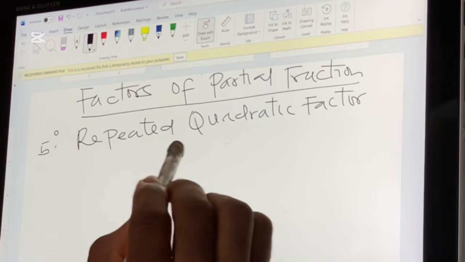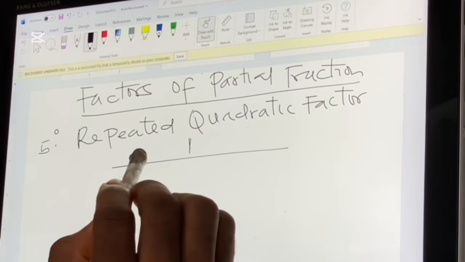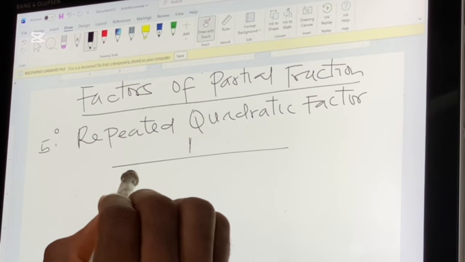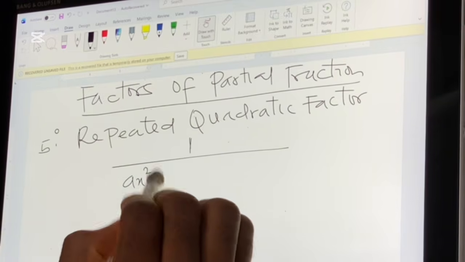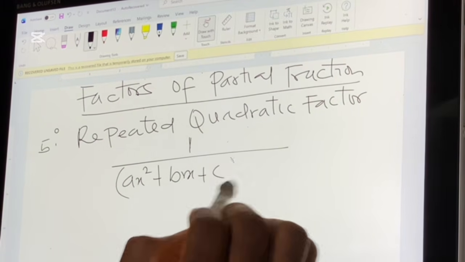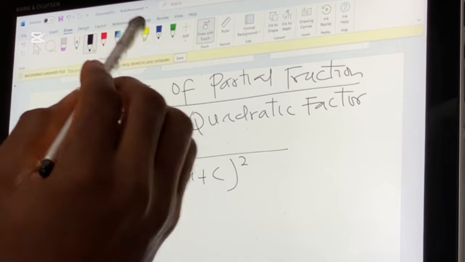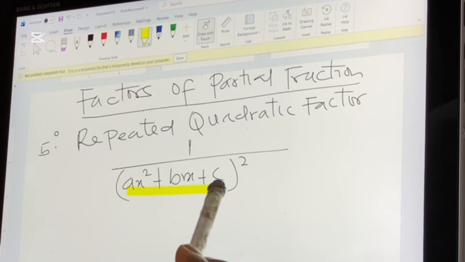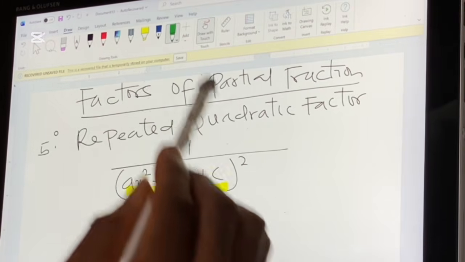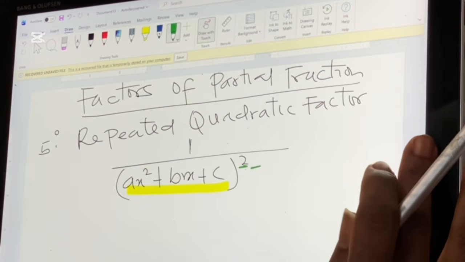So if we have an expression like this, 1 over (as squared plus bs plus c) all squared. Of course, we know that this is a quadratic. What is inside here is quadratic and is being repeated by 2. That is raised to the power of 2 here. Please take note.